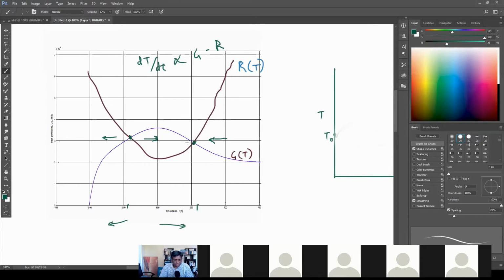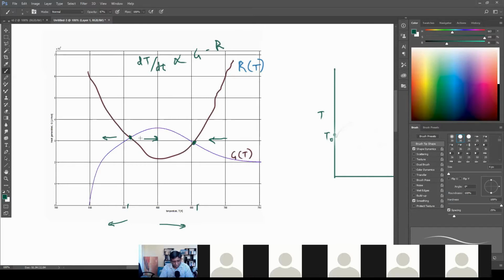In nonlinear dynamics, a special term for a stable steady state is an attractor. So we call this point an attractor. And then in this point, you can see, yes, you can call it a steady state, but the moment the temperature rises slightly, your generation is more than your removal, and the system will run away from that point.